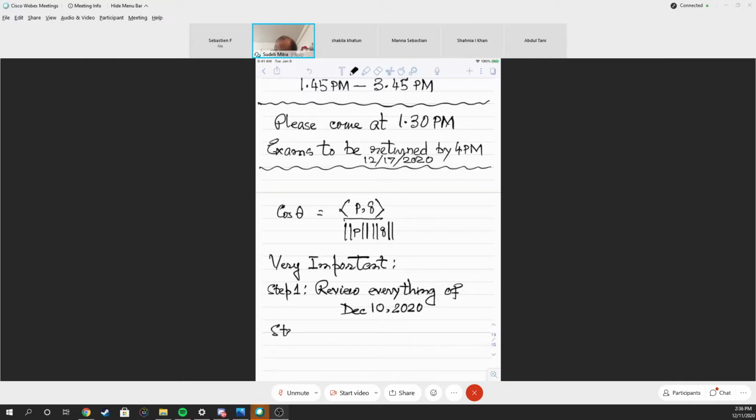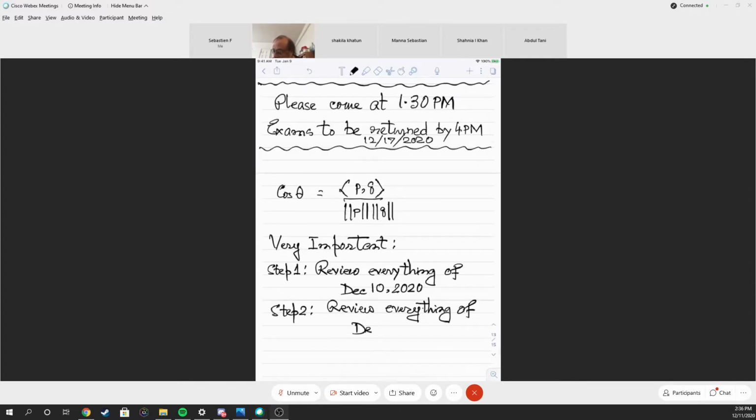Step 2, review everything of December 11. If you really do this, review means redo the problems and go over all these things. If you do this, then you're all set, because I have the exam ready. Basically I've written down the exam, so then you will be all set.